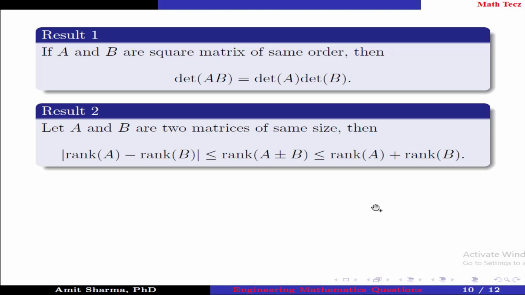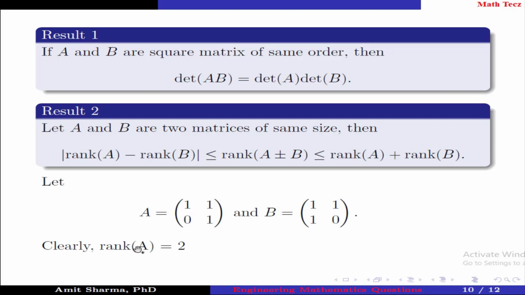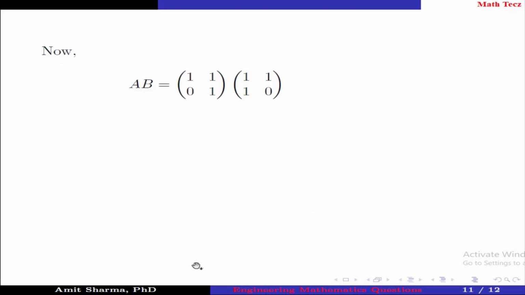Let us discard the other options. Let A be a matrix containing elements 1, 1, 0, 1 and B be another matrix containing elements 1, 1, 1, 0. Clearly, the rank of A is 2 and rank of B is 2, which implies rank of A times rank of B is 4.